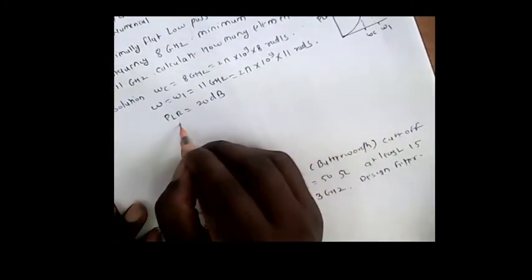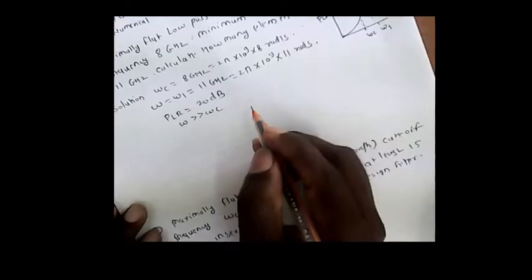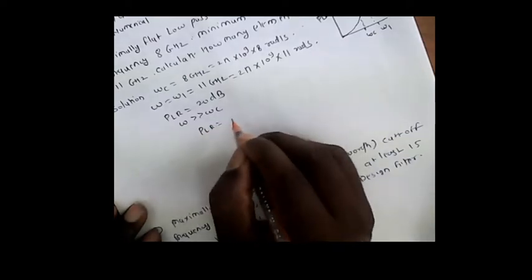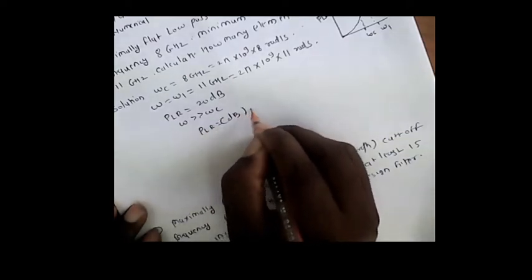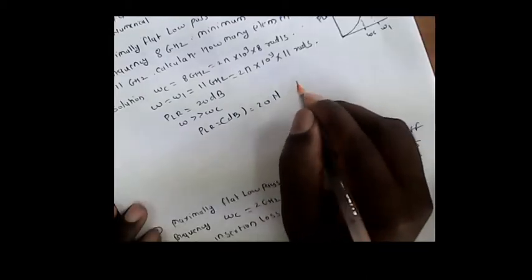Then we calculate the conditions. We know that whenever omega is greater than omega c, the power loss ratio can be defined as PLR in dB equal to 20 n log of omega by omega c.